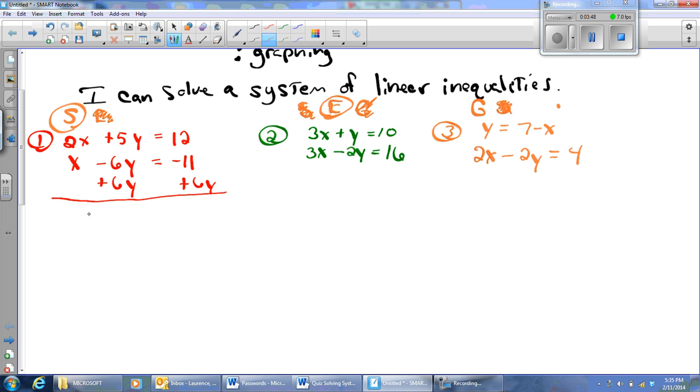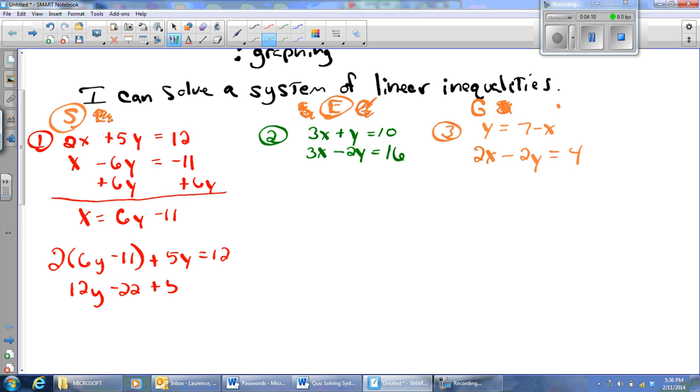When I do that, I'm going to get x equals 6y minus 11. All right, I'm going to say 2 times the quantity 6y minus 11 plus 5y, and that'll equal 12. I'm going to distribute and get 12y minus 22, plus 5y, and that's going to equal 12.